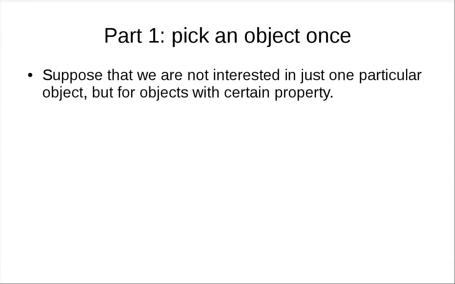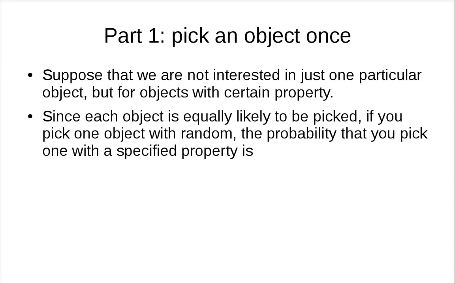Now if you're not interested in just one particular object, but in objects with certain properties, what would be the probability of picking an object that has that certain property?